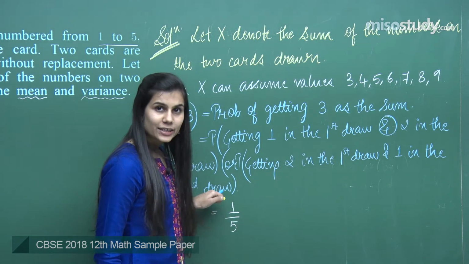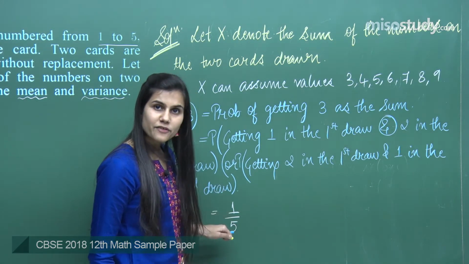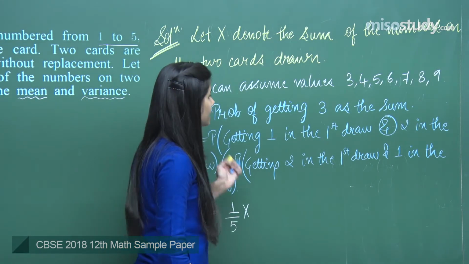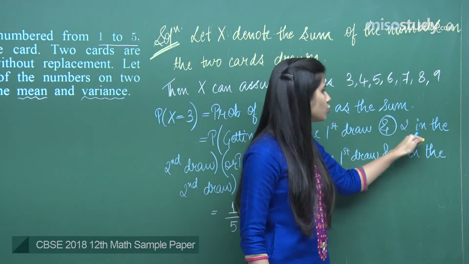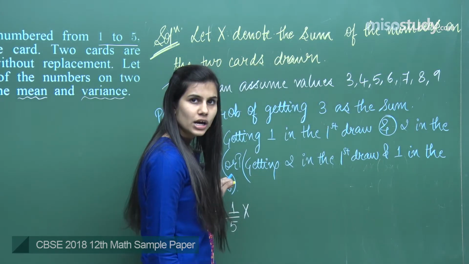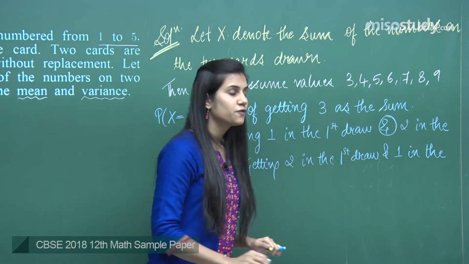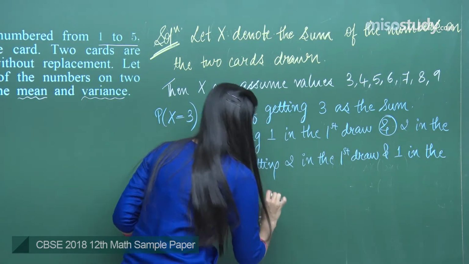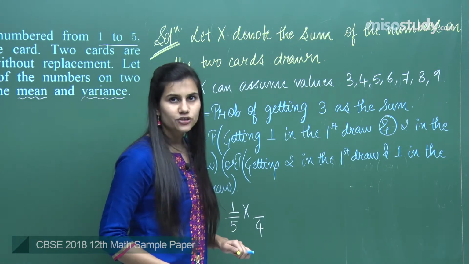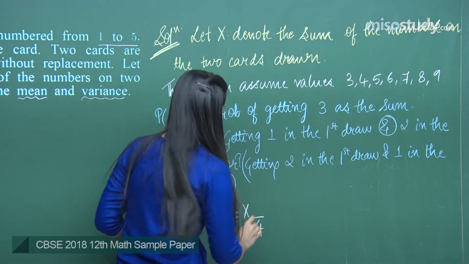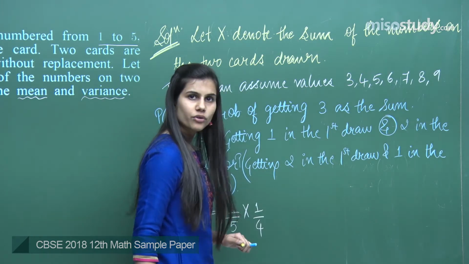So probability of getting 1 in the first draw is 1 by 5, and probability of getting 2 in the second draw: now 1 has come in the first draw, that means now I am left with just 4 cards. To get 2 in the second draw, only one card has 2 written on it. So this will be 1 by 4.